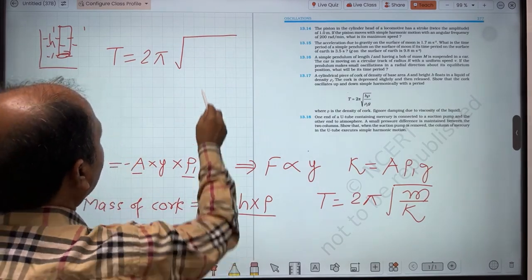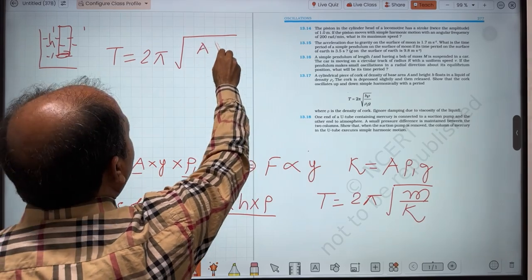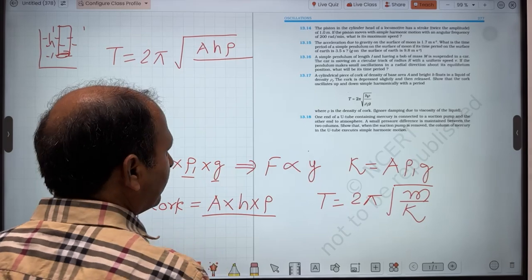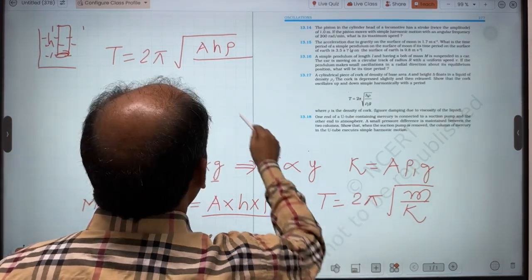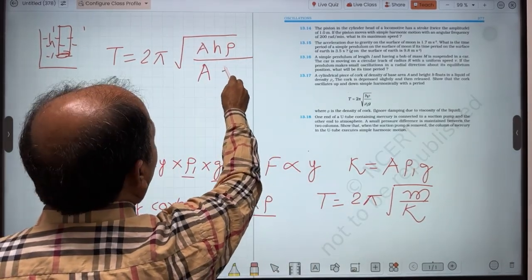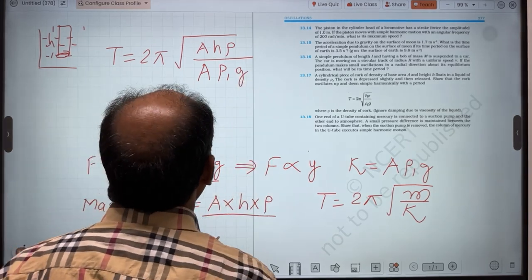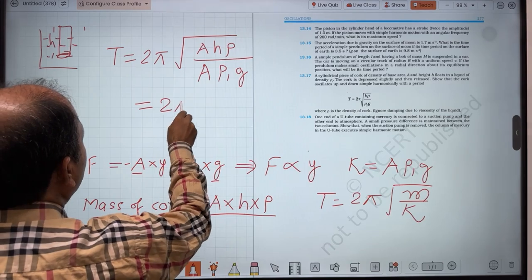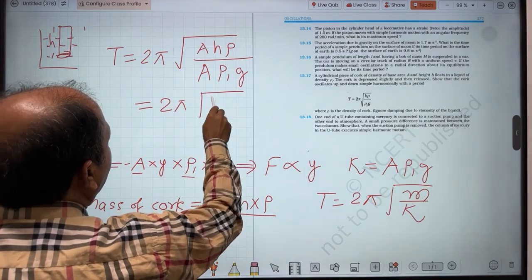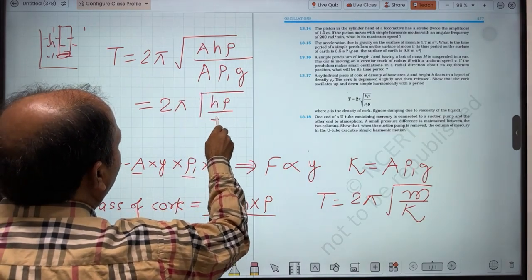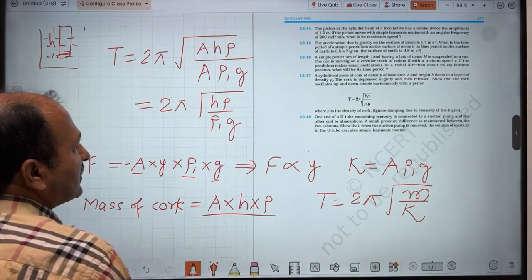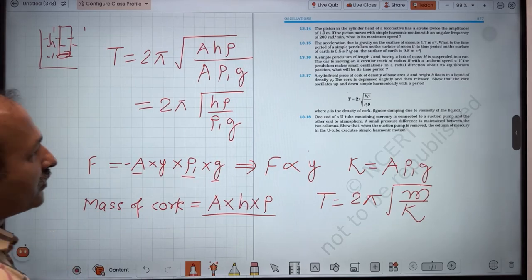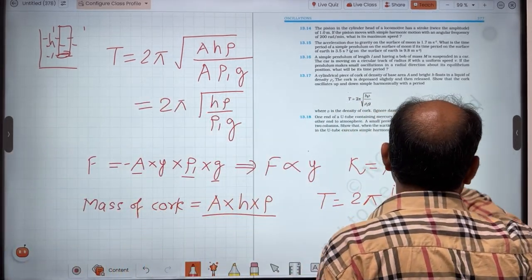What is m here? M is A, then h, then rho, divided by A rho 1 G. So A and A will cancel out and we will be left with 2 pi root of h rho divided by rho 1 G. So this is the final expression. Now we are going to see the next question.